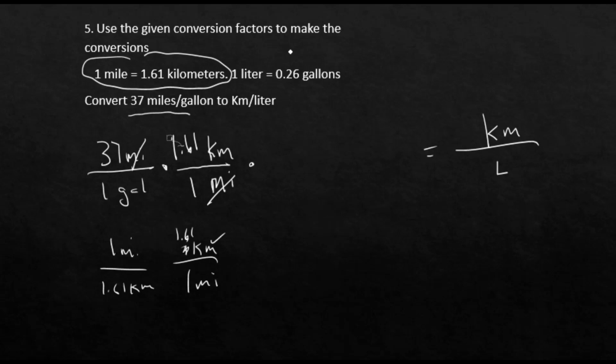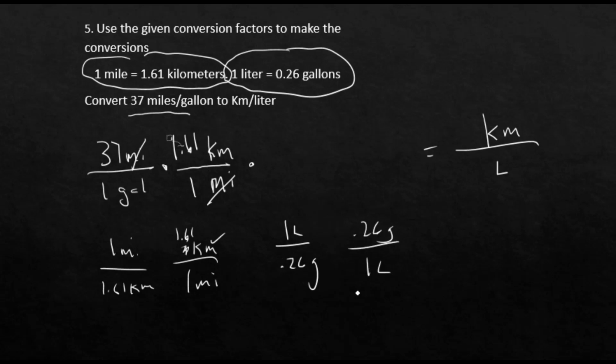So I want to use this one to get rid of the gallons and get my liters. So is it 1 liter over 0.26 gallons, or is it 0.26 gallons over 1 liter? And you need to be able to answer that. And hopefully you said, well, I've got to eliminate the gallons, so they need to go on top.